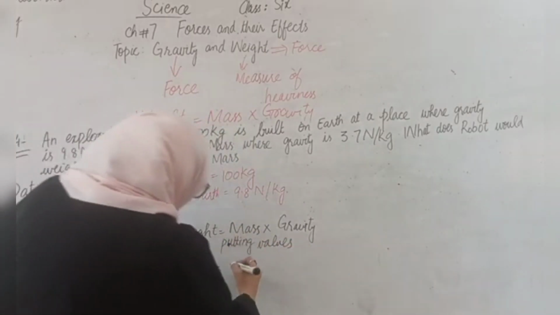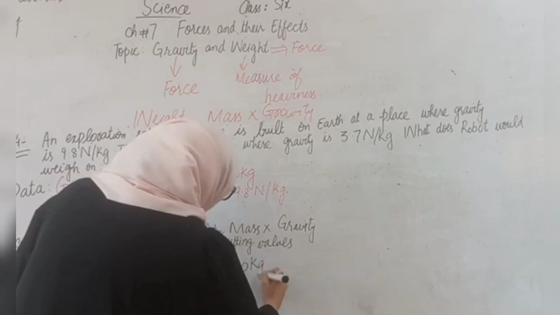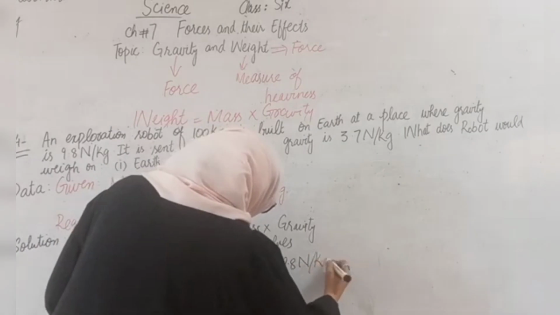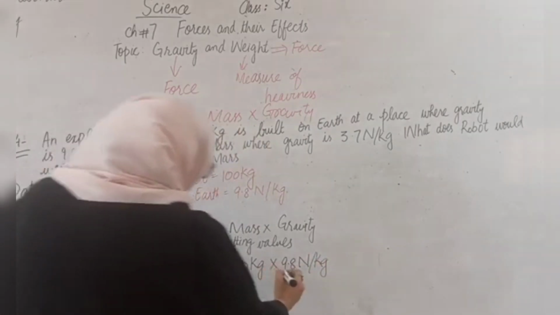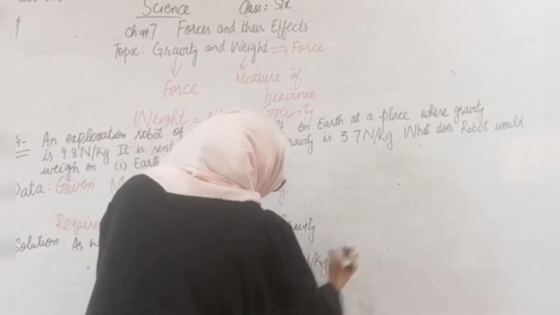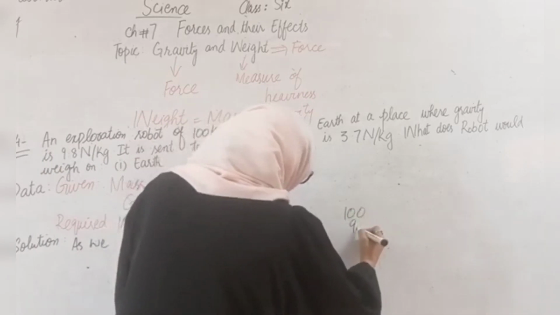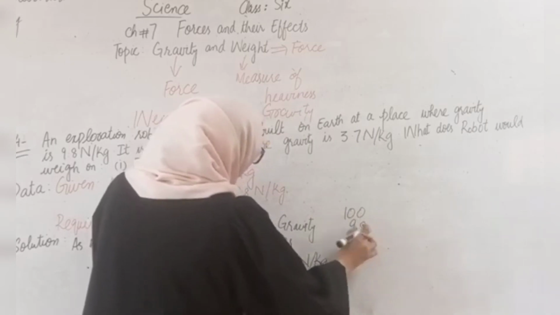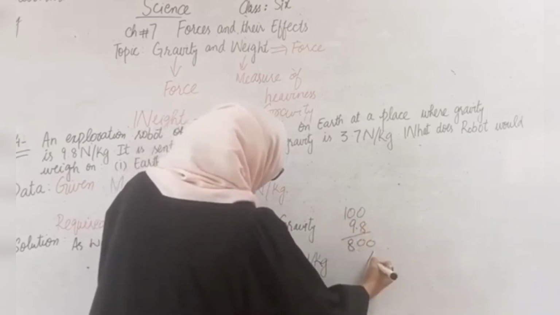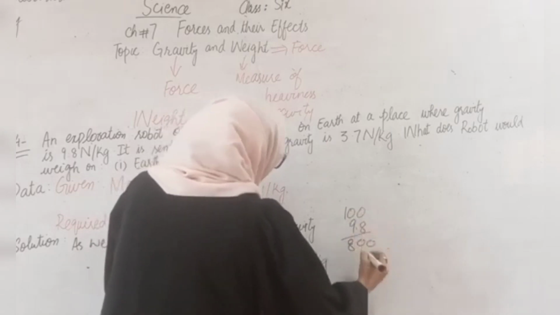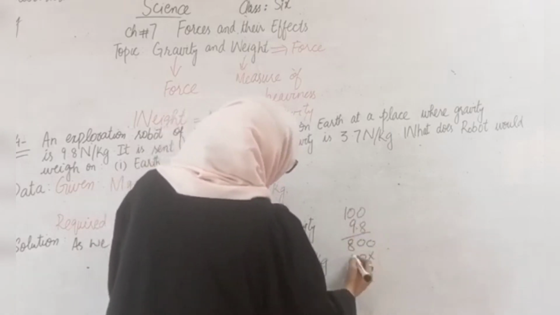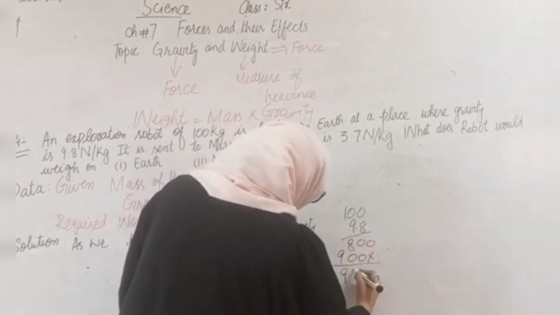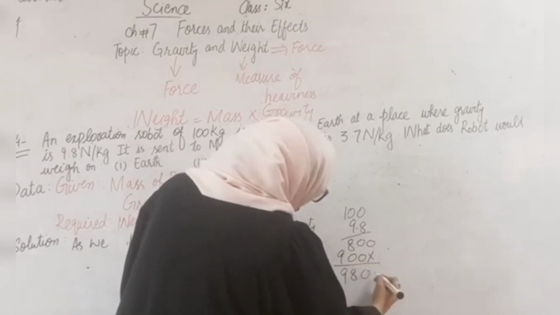Mass, that is 100 kilogram, and gravity, that is 9.8 Newton per kilogram. 100 will be multiplied with 9.8. 8 zeros are 0, 8 zeros are 0, 8 ones are 8, and 9 zeros are 0, 0, 9 ones are 9, 9, 8, 0 and 0.